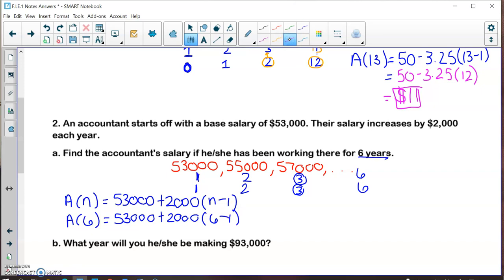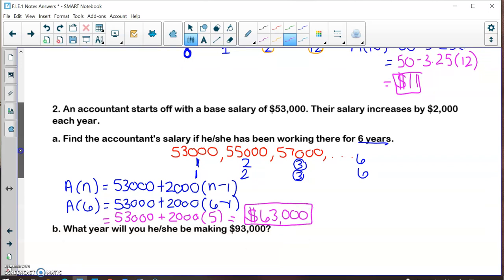And then, remember, A of 6 just means I'm finding the 6th term. So I really have 53,000 plus 2,000 times 5. And I can just put this into my calculator. 53,000 plus 2,000 times 5 will get you $63,000. So if this accountant works at this company for 6 years, they will be making $63,000.